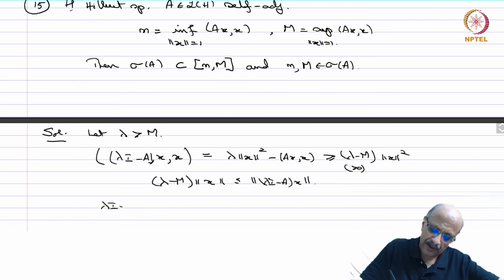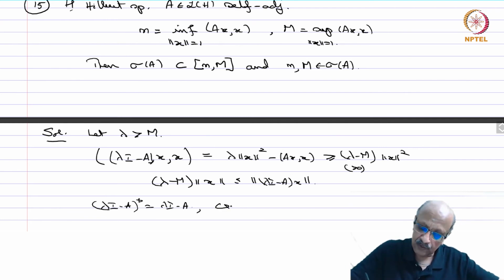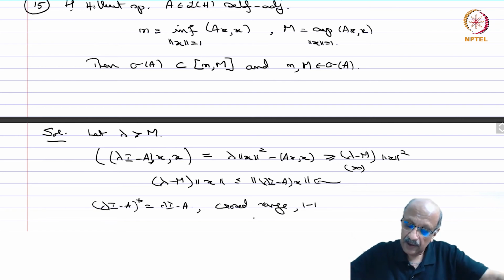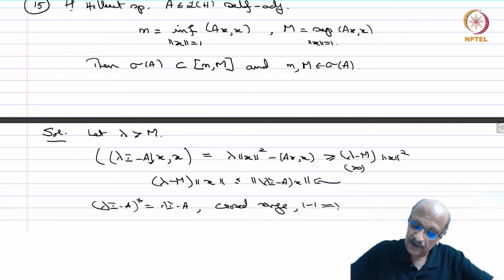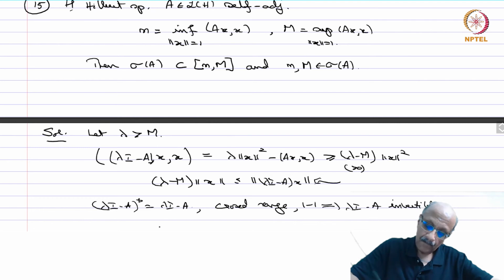So (lambda I minus A) star is itself lambda I minus A, and this has closed range and is one-one by this inequality here. Therefore lambda I minus A is invertible, therefore lambda belongs to rho of A.